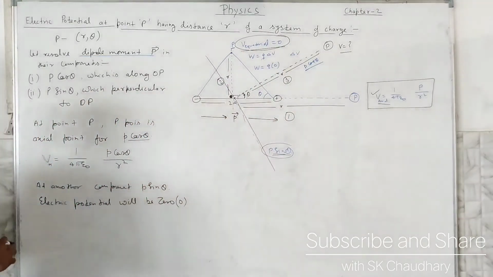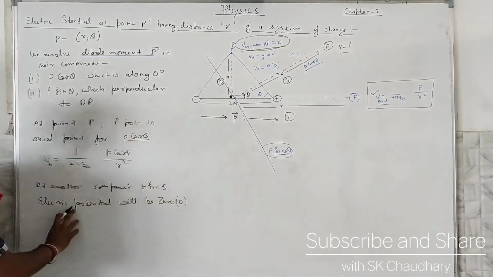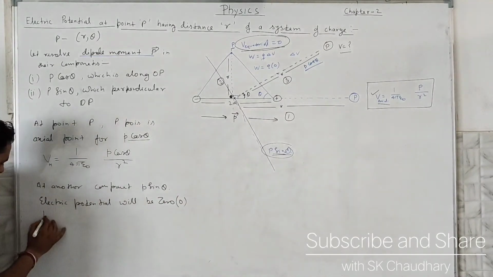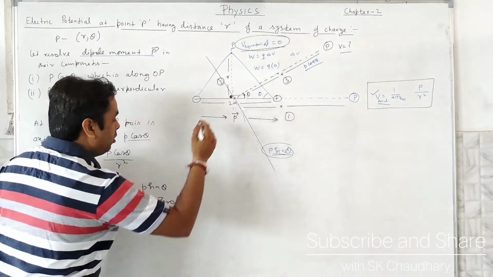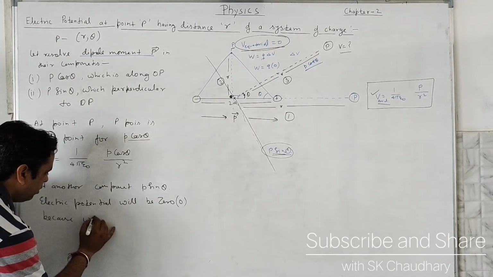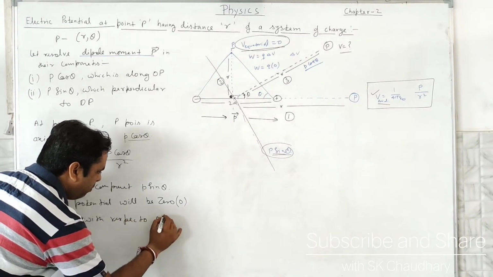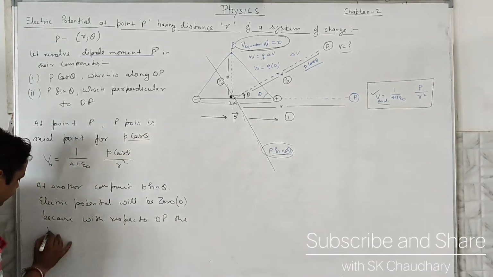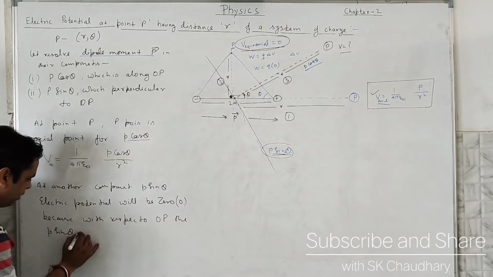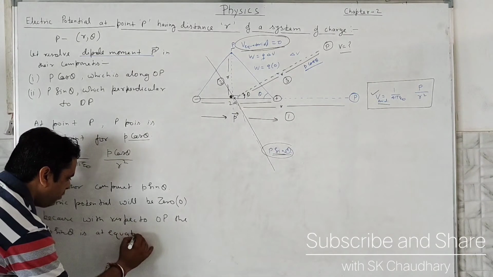So the p sin theta component's electric potential will be 0 because with respect to OP, the p sin theta is at the equatorial point.